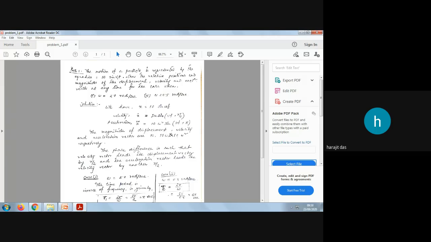So initial displacement is this one. We need the relative positions and magnitudes of the displacement, velocity and acceleration vectors at any time for the case when omega equals 2 radian per second and omega equals 0.5 radian per second. I think this is a very simple problem.